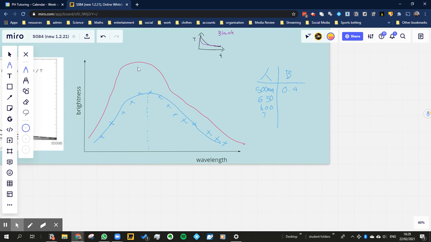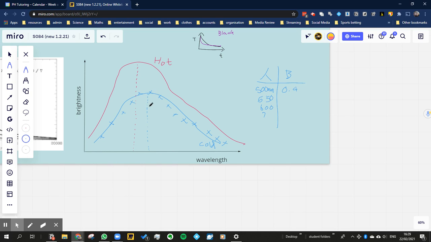So the peak is up here now. So the most popular wavelength for this new object is at smaller wavelengths. So this is my hot object, and this is my cold object.